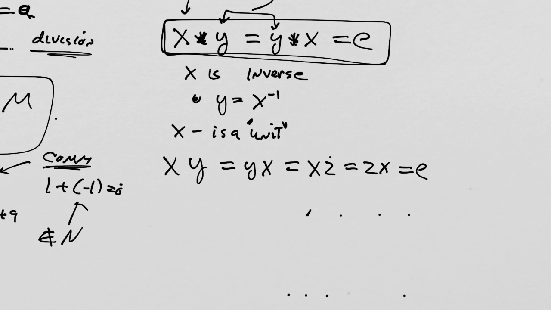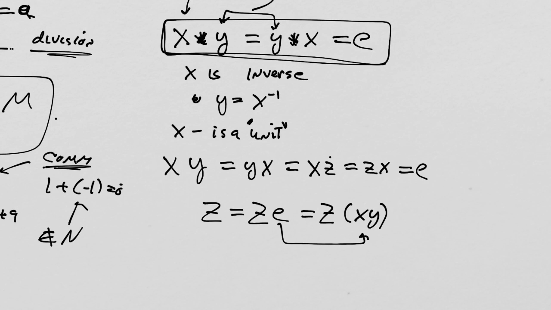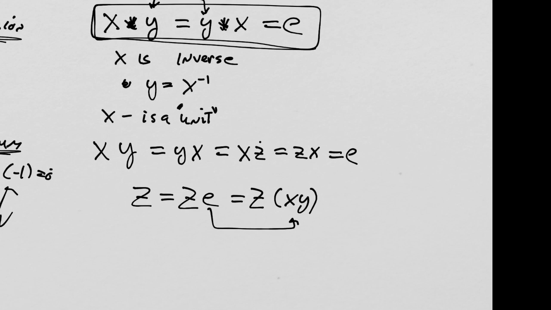And if that was the case, if there was this second one, obviously what we're going to do is show a contradiction, but let's look at Z. Z definitely equals Z times E by definition of the identity, which definitely equals Z times XY, right? Because I can just substitute XY for the identity without much trouble. But that is going to be ZX times Y, right?